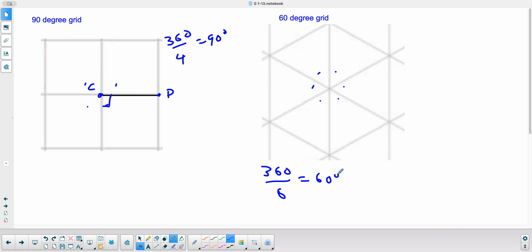So if I started here, if I want to rotate 120, there you go. So just if you see these grids, understand that these are each 60 degrees each.